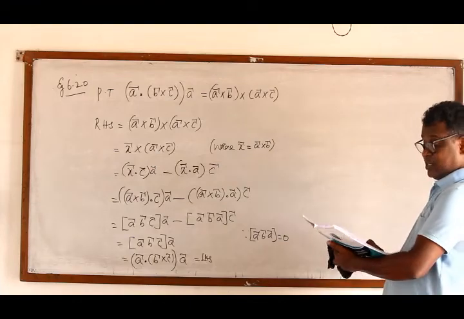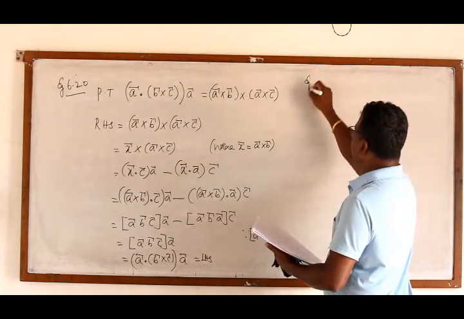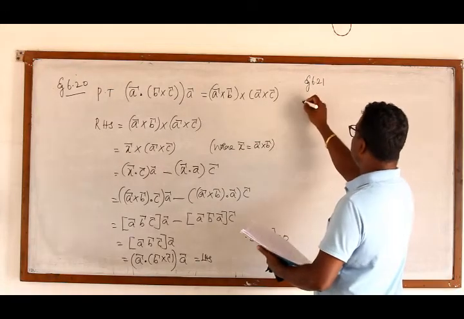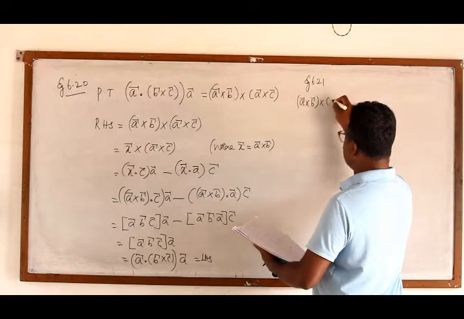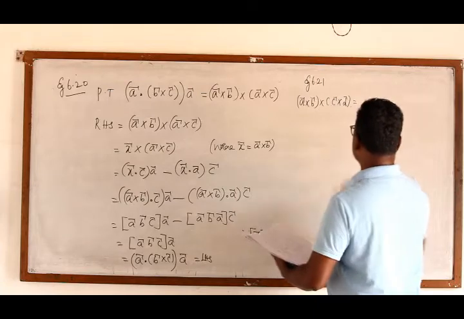Now we shall go for example 6.21. Again, this example is going to be a formula for our problems. So (A cross B) cross (C cross D). There are 2 proofs for this.